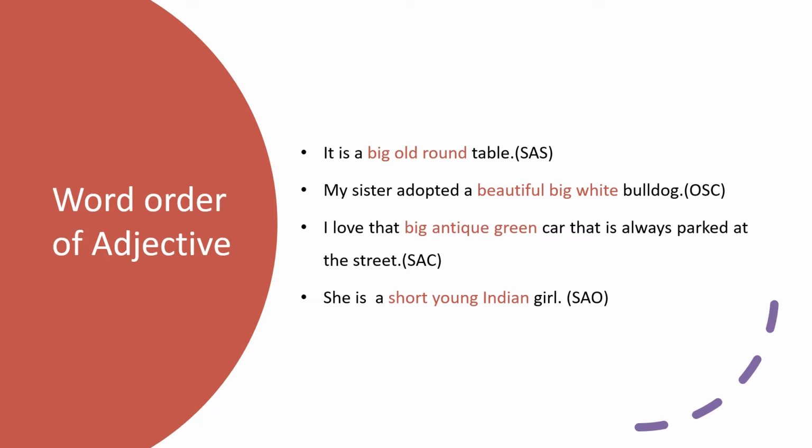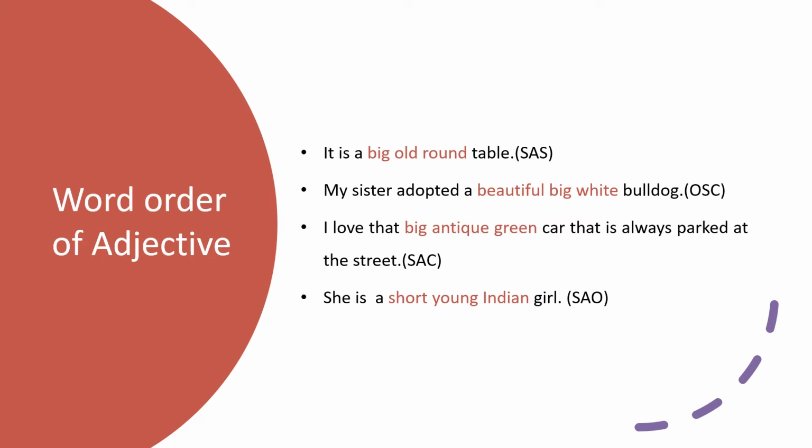Now, generally we follow the formula, that is OSASCOMP, in order to use more than one adjective in a sentence. But here, as you can see, not all the adjectives have been used. In some sentences there are 3 adjectives. So this is the reason you will be following the rule according to their order.